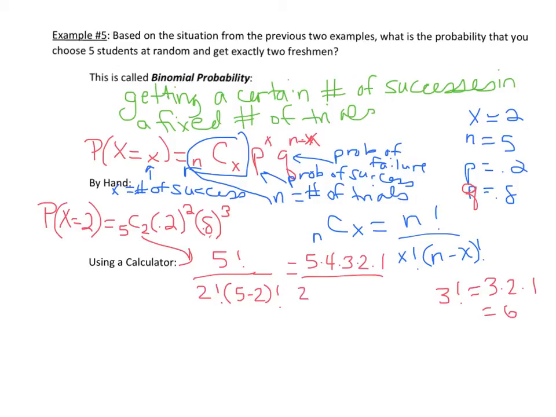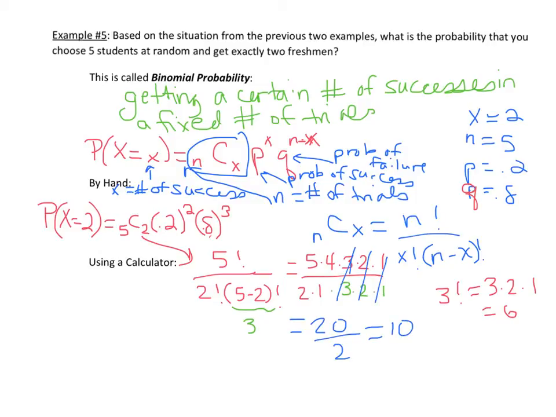On the bottom, we get 2 times 1. 5 minus 2 is just going to be 3, so we're going to do 3 factorial, which is 3 times 2 times 1. From here, there's 2 options. You can either multiply everything out, or you can cancel things. I'm going to go ahead and cancel things. It's easier. So the 3's, the 2's, and the 1's can cancel out. When you do that, you're left with 5 times 4, which is 20, over 2. So that gives you 10.